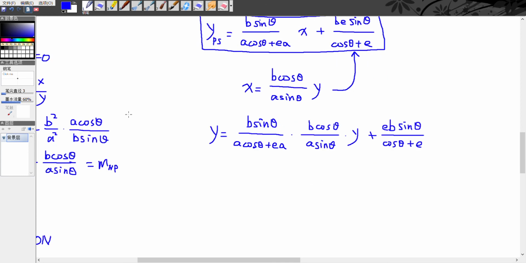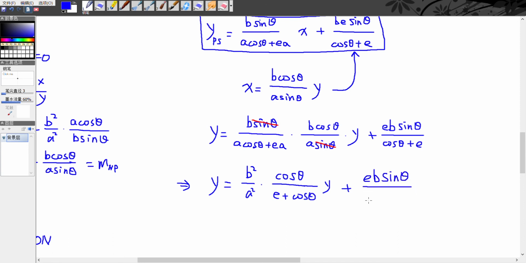And from here we can see the sines are cancelled, and we will have y equals b squared over a squared times cosine theta over e plus cosine theta times y plus e b sine theta over e plus cosine theta.